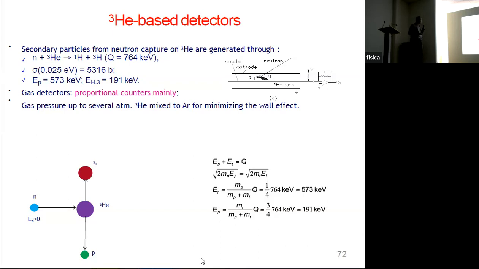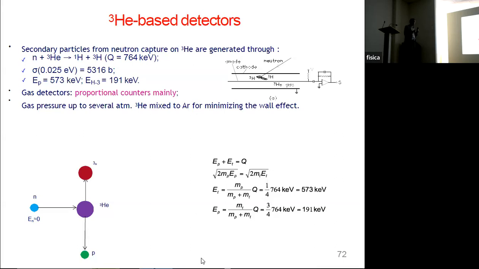During the interaction, the neutron is absorbed, and you have two nuclear charged particles, a triton and a proton, with energy of about 800 keV, and the energy is distributed between these two products according to their masses, according to simple kinematic equations. The cross section is pretty high, almost 5,000 barns.